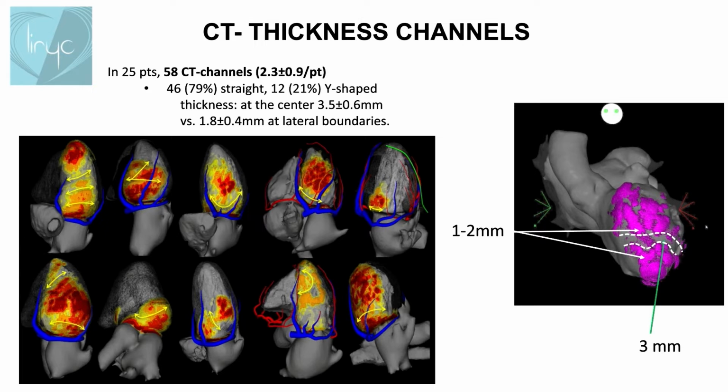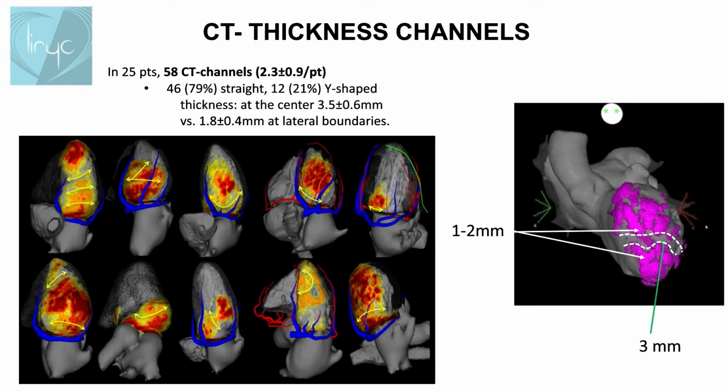We're talking about 2 to 4 millimeters. And these areas are typically bordered by areas that are acting as barriers during VT, where the wall thickness is 1 millimeter or 2 millimeters, and where the likelihood for surviving bundles of myocardium is much less.